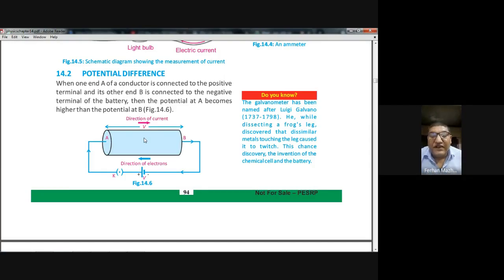If I put a speaker here, the electric energy will be converted into sound energy. If I put a fan here, the electric energy will be converted into mechanical energy, into kinetic energy.